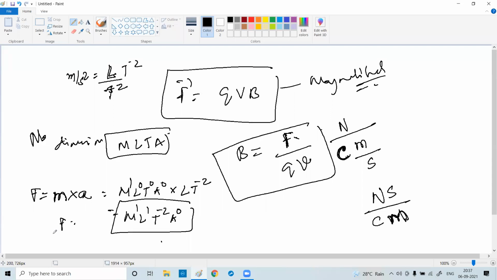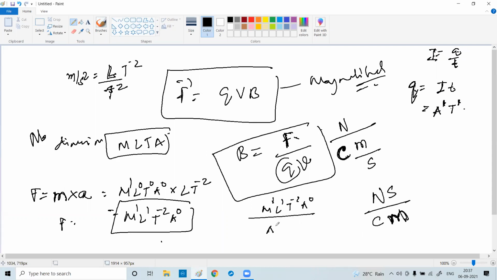What can we write for Q? Q is current into time, I equal to Q by T, so Q is IT. I is ampere, A1, T is T1, so Q is A1 T1. So you get M1 L1 T minus 2 A0 divided by A1 T1. Velocity is meter per second, L1 by T1, if you take it up it will be L T minus 1. A1 goes up and becomes A minus 1. T1 goes up, T minus 1 to 0, so it becomes T minus 2.